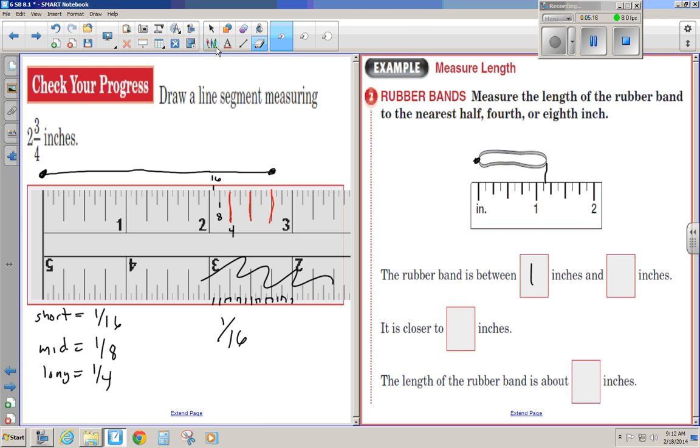So the rubber band is closest, is between 1, let's see here. Here's a half. So 1 and 1/8.